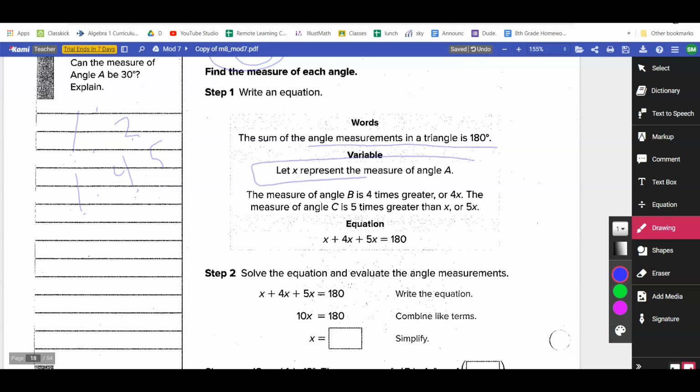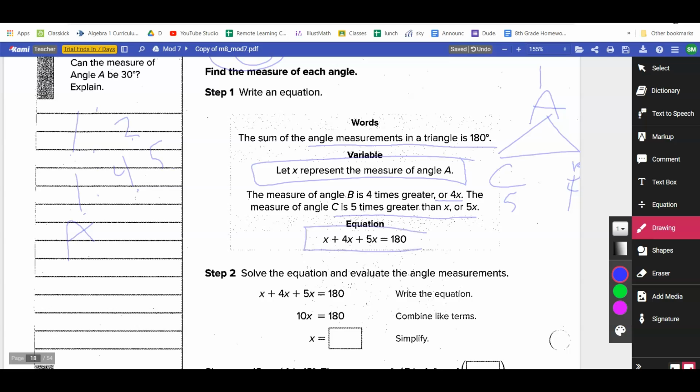If I let x represent the measure of angle A, our first angle, and B is the second angle, and C the third. This is not drawn to scale; I'm just drawing this in there. The triangle obviously doesn't make sense, it's drawn, but not to scale. So the measure of angle B is 4 times greater than that, so that'd be 4x. The measure of angle C is 5 times greater than x, so that'd be 5x.